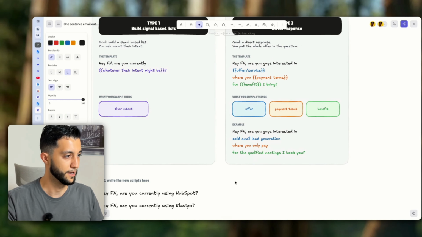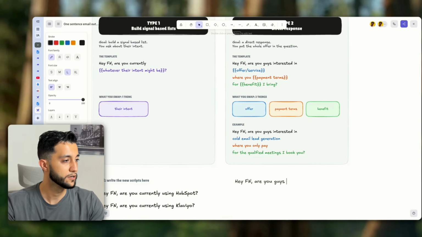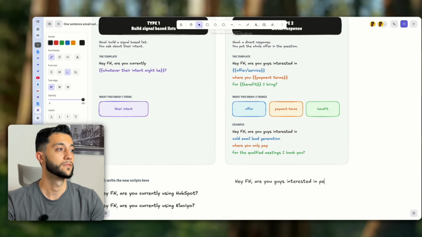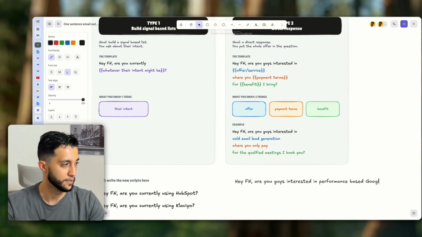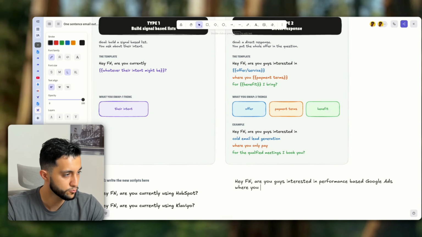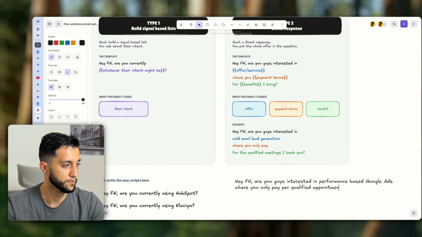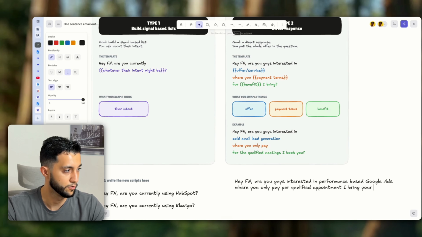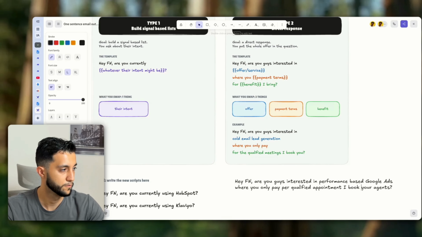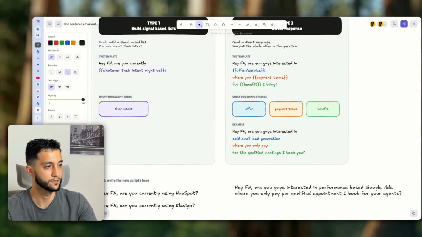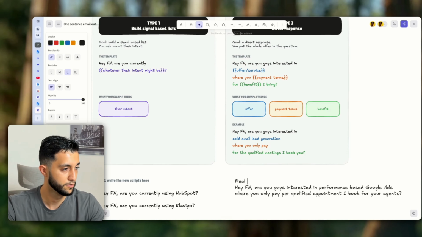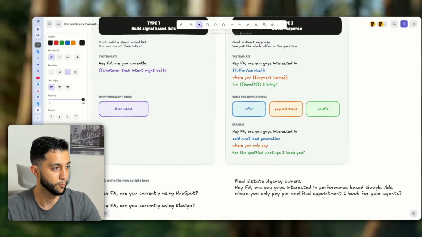So we have, hey, first name, are you guys interested in performance-based Google Ads where you only pay per qualified appointment I book for your agents? Say you're targeting real estate agency owners. So that could be one campaign, right?